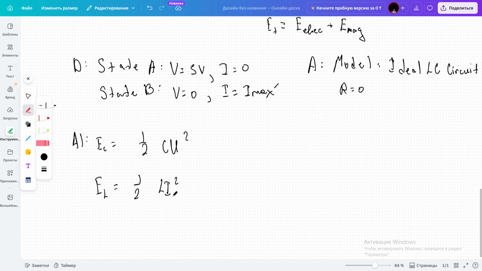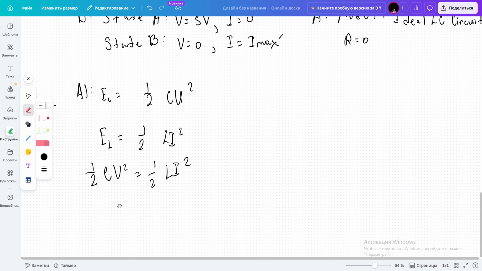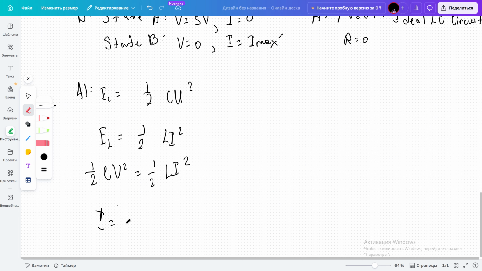So we set them equal and solve it. Half of L i squared equals half of C V squared; we can cancel halves, and I will be equal to V times square root of C over L.